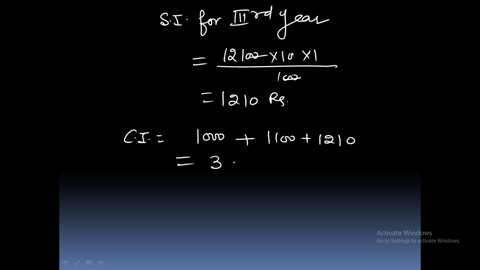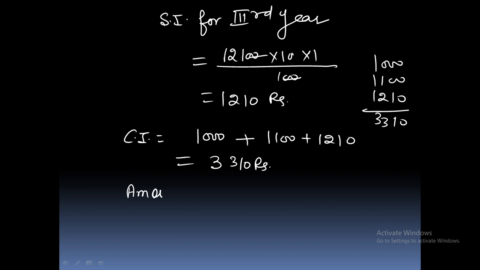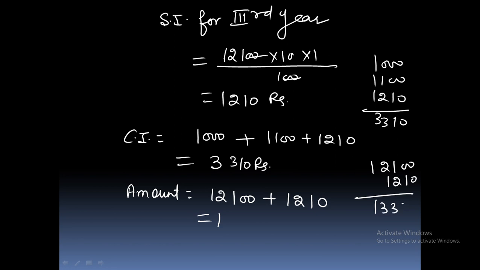You can check it against the compound interest which was calculated with the compound interest formula, and the final amount of principal will be 12,100 plus 1,210, that will be 13,310.